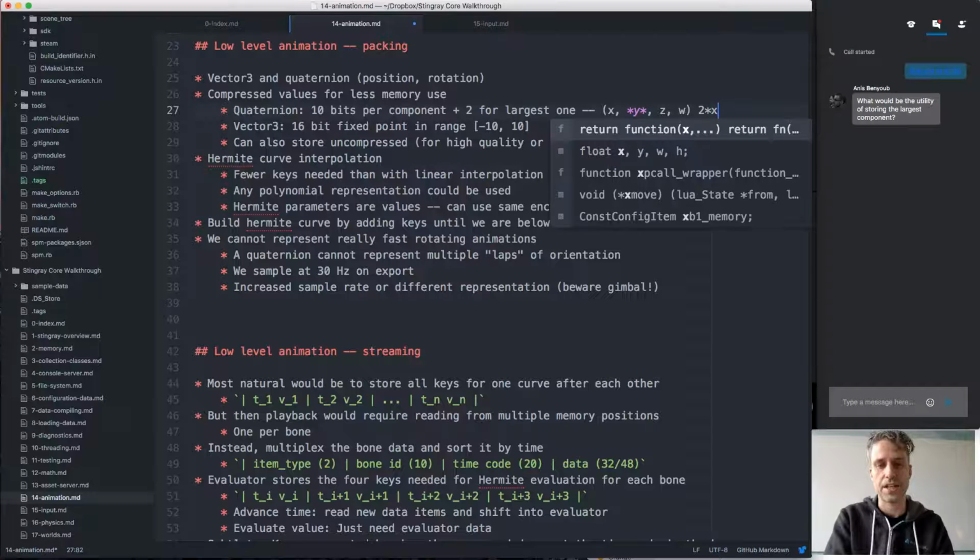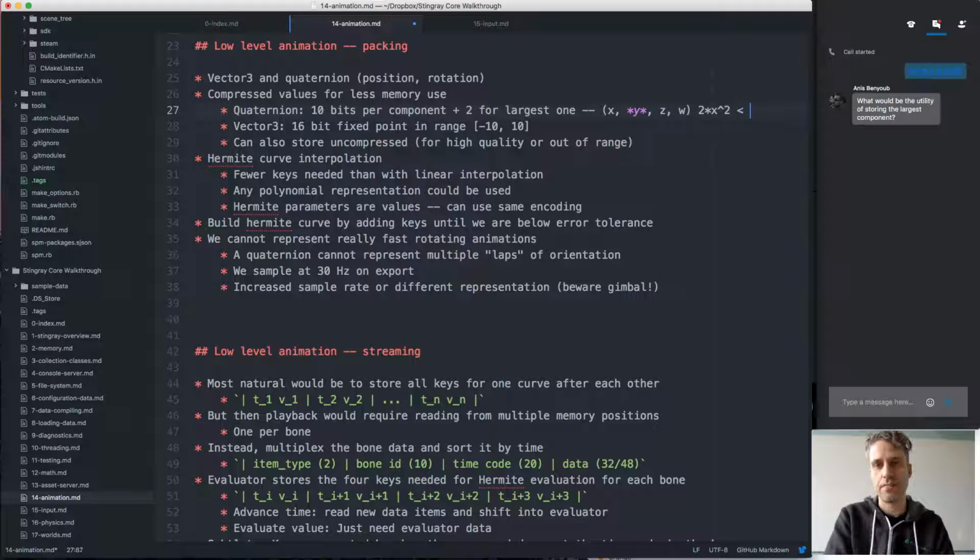So 2 times X squared must be less than 1, because if 2 times X squared was bigger than 1, then X must be the biggest component. So X squared must be less than 1/2, and X must be less than the square root of 1/2, plus or minus. So X must be in this range, approximately.